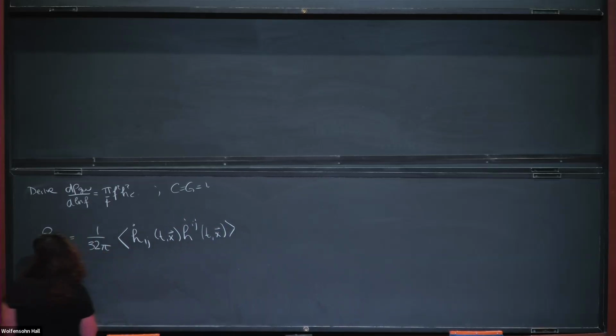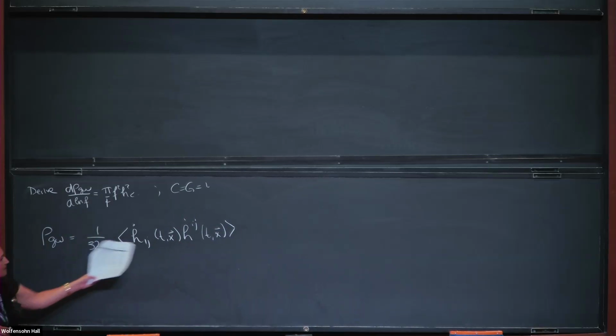So if we assume a stochastic and isotropic gravitational wave background, we can express this metric perturbation as the sum of plane waves.